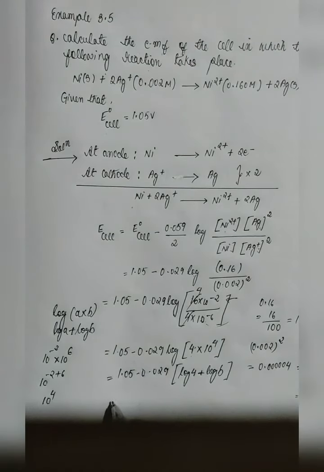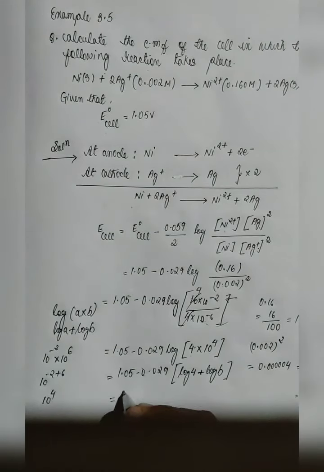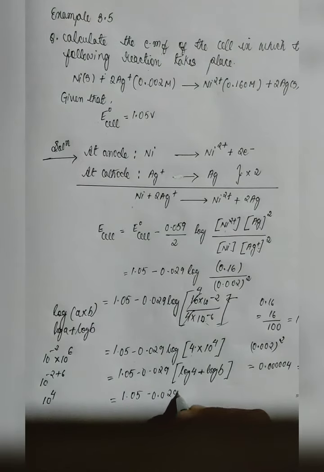So you have to always remember the formulas. So 1.05 minus 0.029 into log 4.